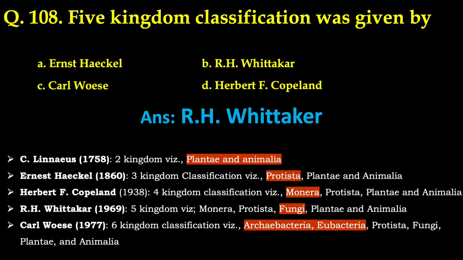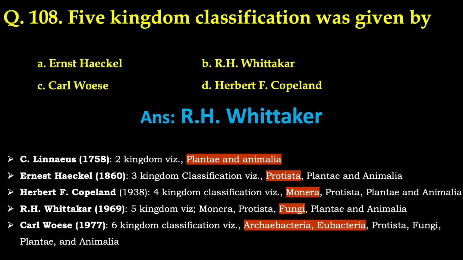R.H. Whittaker during 1969 proposed the five kingdom classification where he added fungi along with the four kingdoms proposed by Herbert F. Copeland. Then Carl Woese during 1977 proposed the six kingdom classification and added Archaebacteria and Eubacteria along with Protista, fungi, Plantae and Animalia.